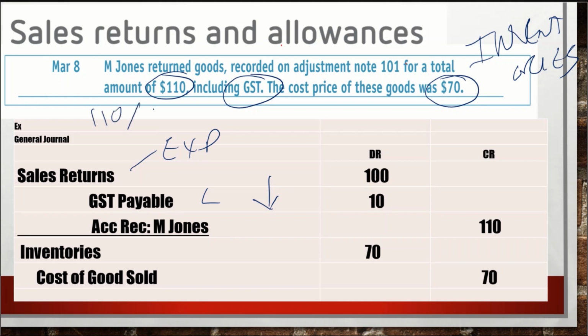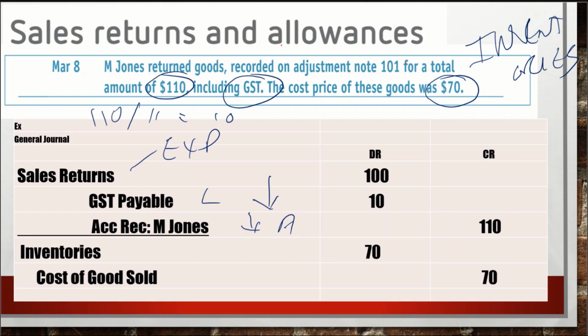You go 110 divided by 11, which gives you the $10 GST. My liability decreases because I'm not going to pay the tax office that $10 anymore. My asset, accounts receivable M. Jones, also decreases. He doesn't owe us the full amount. He owes us this $110 less. So I decrease my asset with that.